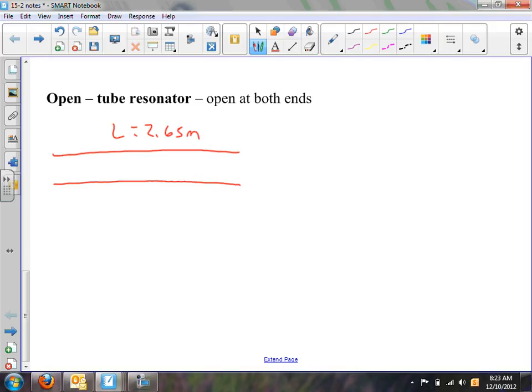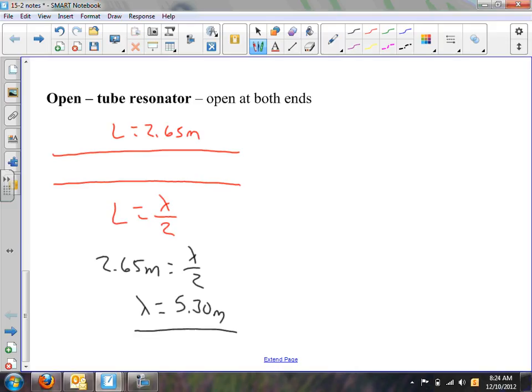Well, for an open pipe, L equals wavelength over 2. That's the place where the lowest resonance occurs for an open tube resonator. And I'm trying to find the lowest frequency. Well, I know the length is 2.65 meters. That equals wavelength over 2. So if I double that, I get 5.30 meters, and that would be the wavelength.